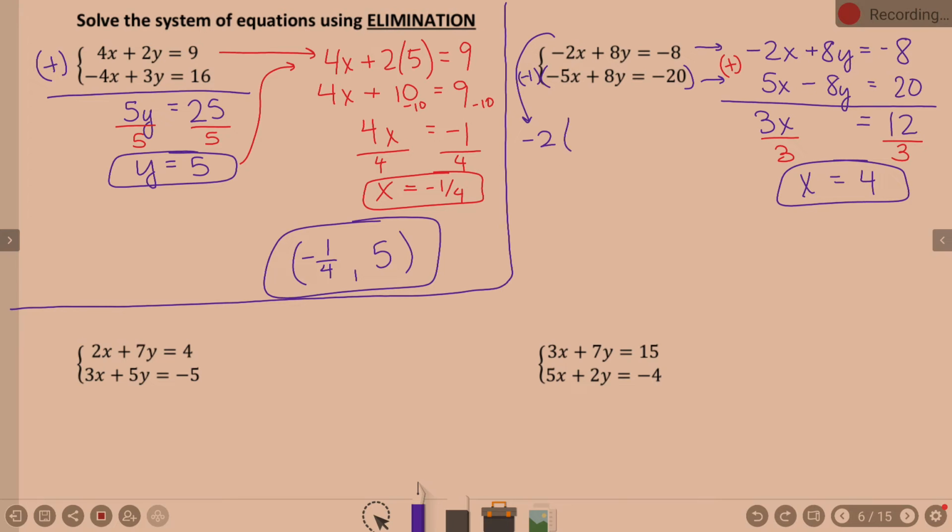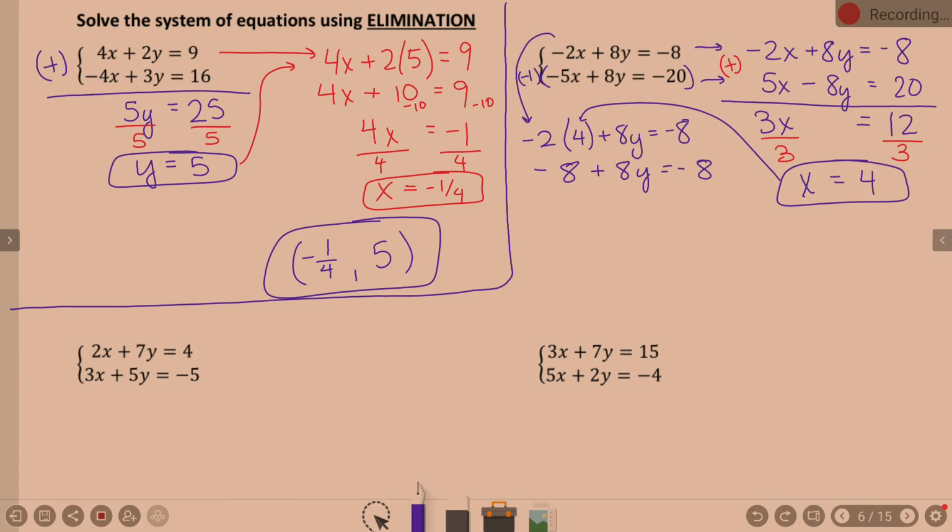negative 2x, which is 4, plus 8y equals negative 8. Negative 2 times 4 is negative 8 plus 8y equals negative 8. That's a lot of 8's.